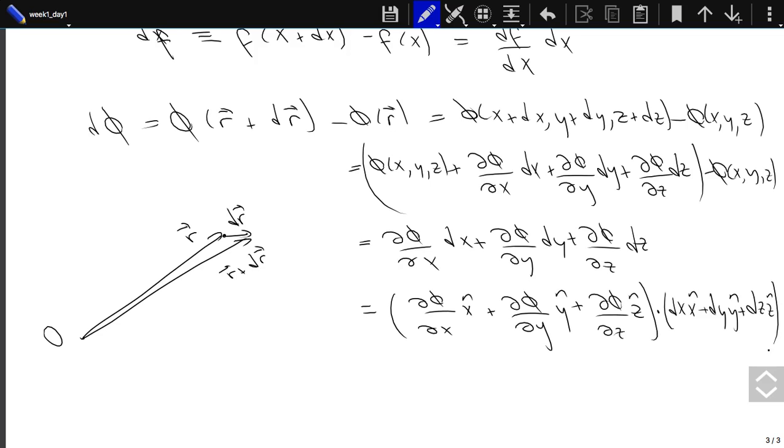Because if you remember the definition of the scalar product, what the scalar product does is just multiply the corresponding components, the derivative with respect to x times dx, the derivative with respect to y times dy, derivative with respect to z times dz. That is dz in the z hat.